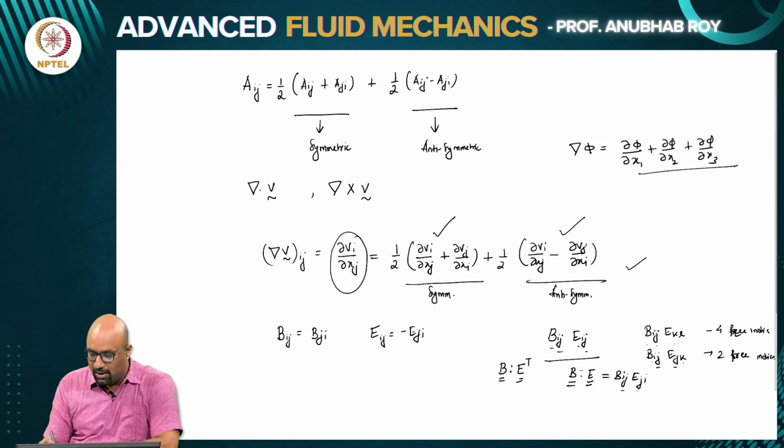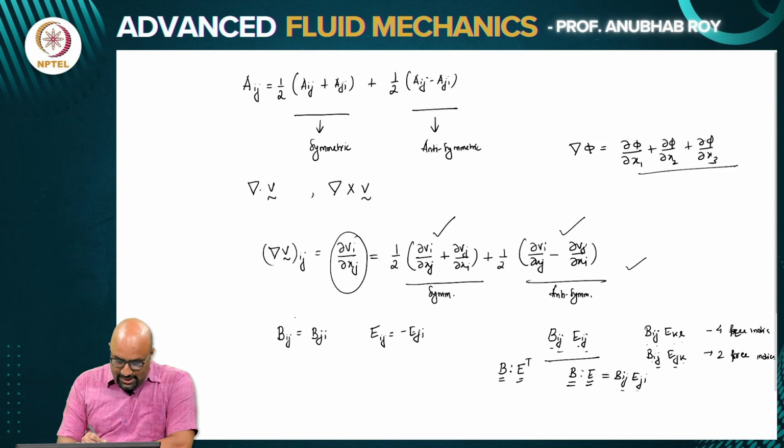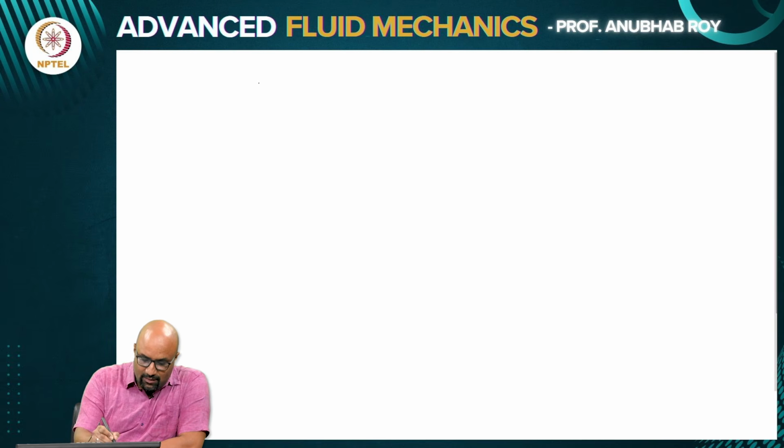So, B double dotted with E would be Bij Eji. So, Bij Eij is B double dotted with E transpose. So, what we want to do now is, this is for a general tensor, not necessarily symmetric or antisymmetric. But now, let us say that B was symmetric and E was antisymmetric. What would happen?